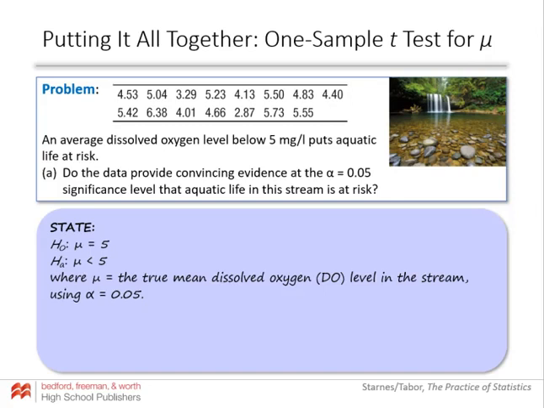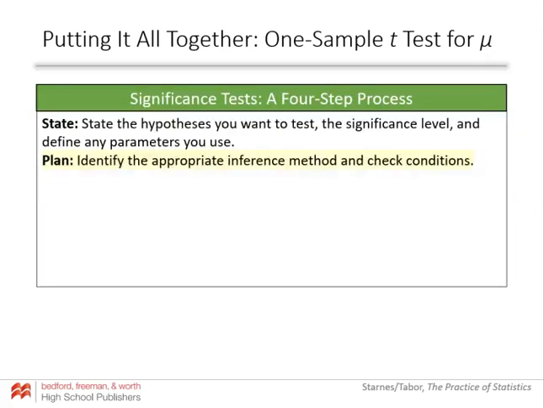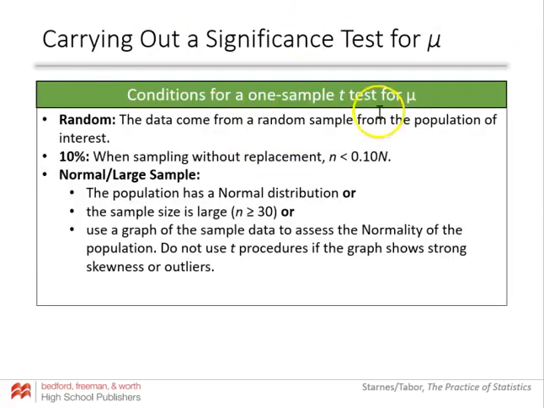Then for the plan part, we need to identify the method that we're going to use and check our conditions. Okay, so we're doing a one sample t-test for the mean. The conditions are going to be the same as they were for confidence interval for the mean. So random, less than 10%, and then either a normal or a large sample. So again, this is just like with confidence intervals.